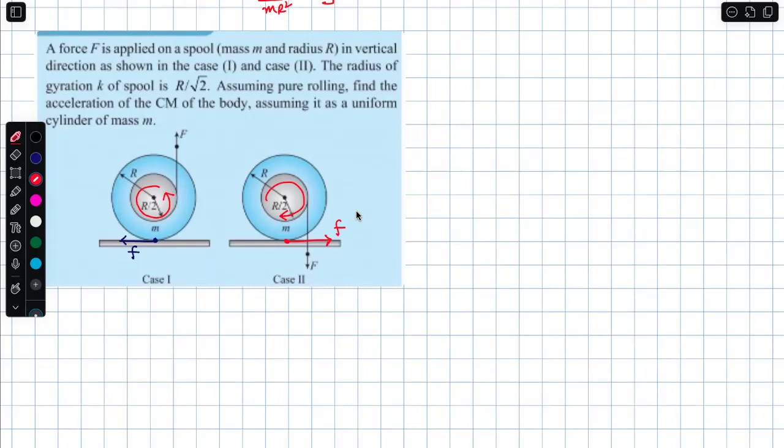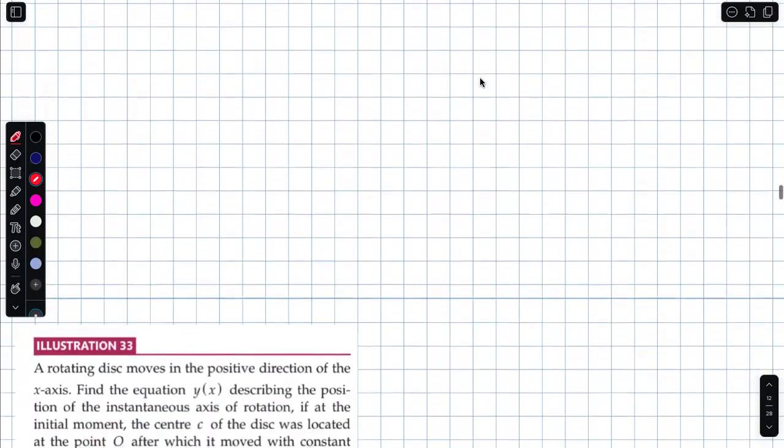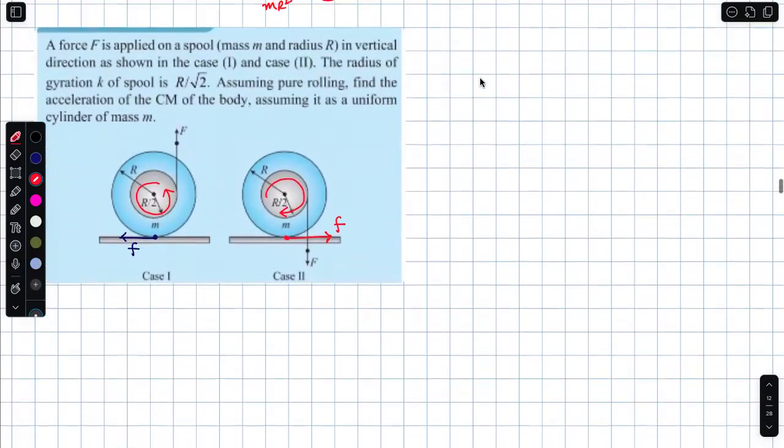Find the acceleration of center of mass of the body, assuming a uniform cylinder. Now I am going to take case 1 over here.